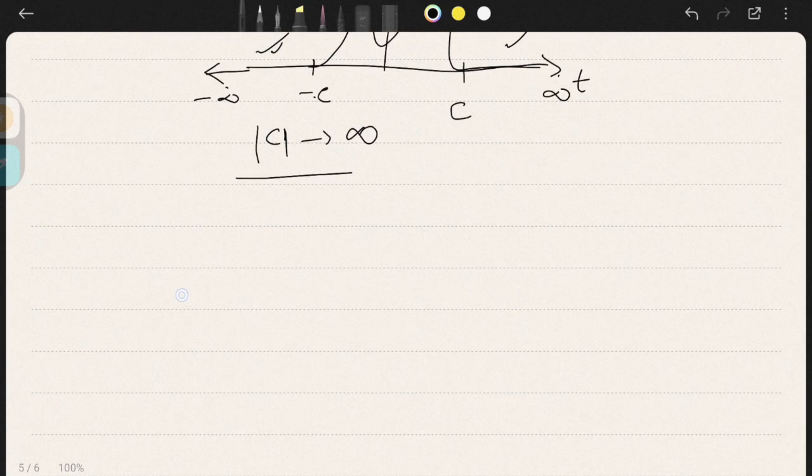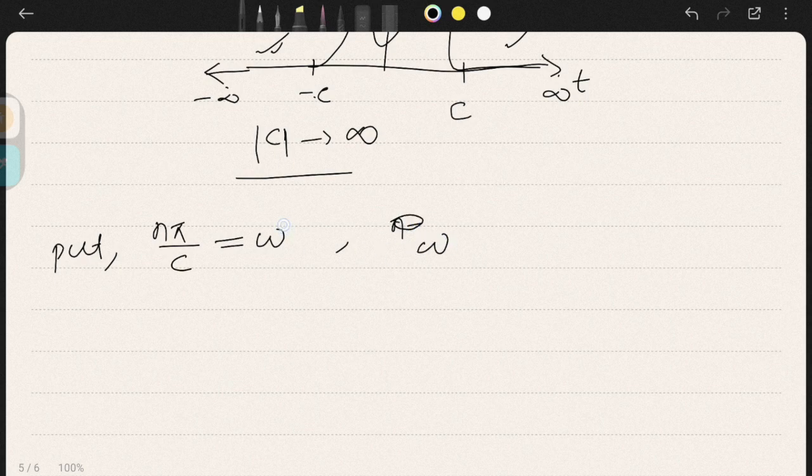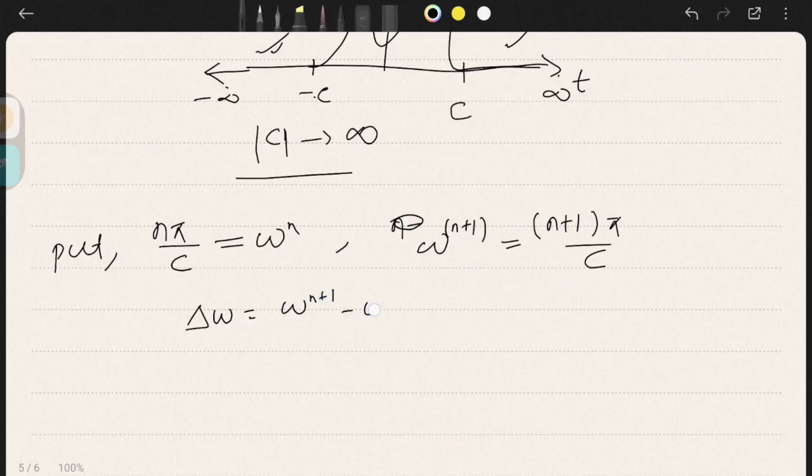When c tends to infinity, what will n pi by c be? Let's put n pi by c equal to omega n. Then the next term, the n plus 1th term, is omega n plus 1 equal to n plus 1 times pi by c. So what is del omega? Omega n plus 1 minus omega n is equal to pi by c.